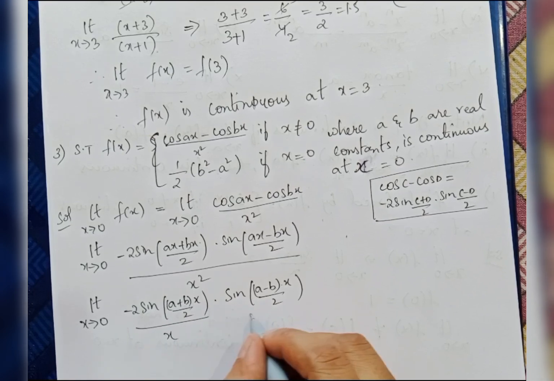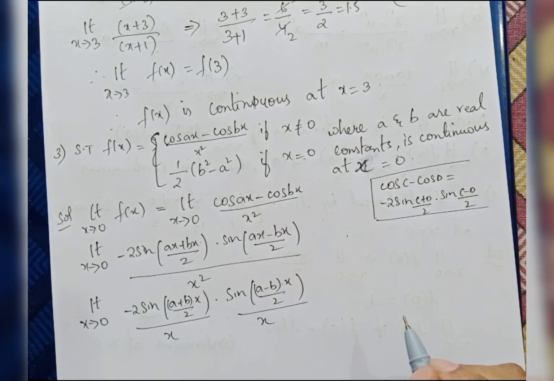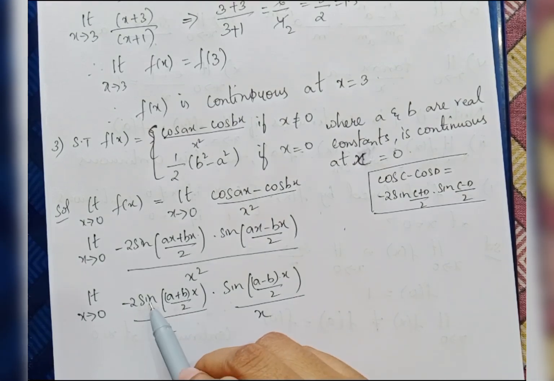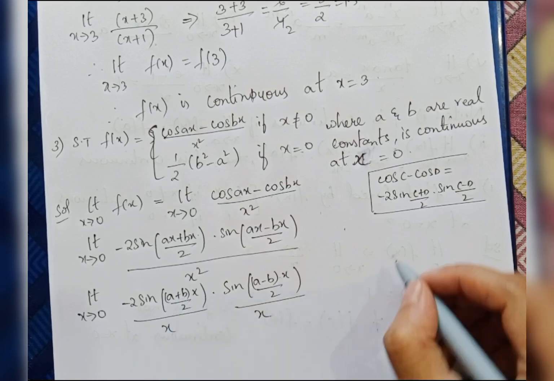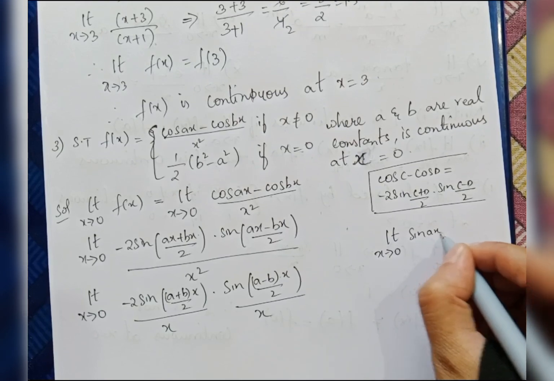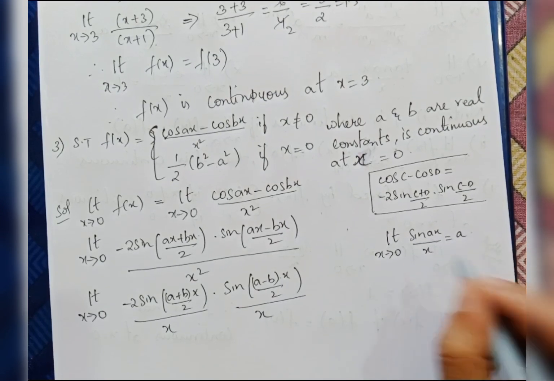One with this sine and another with this sine I will write. So this becomes the formula. What is the formula? Limit x tends to 0 sine ax by x is equals to a.